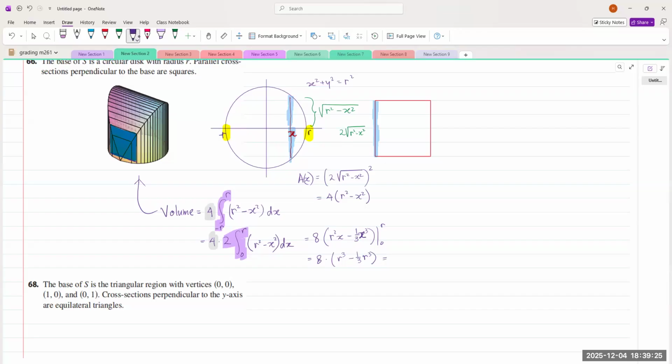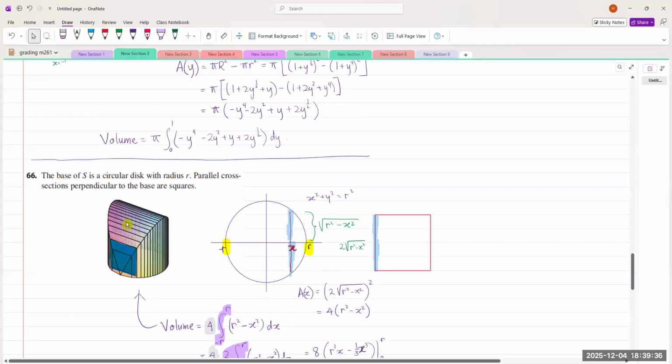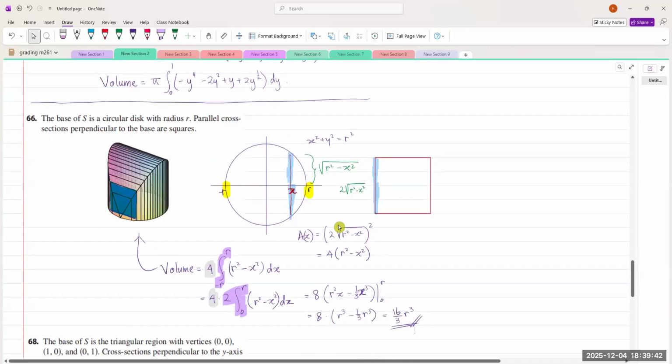That will be 16 over 3 r cubed. So yes, we look at the domain and then get the side of that square so that we can find the area of that square as a function of x. Then we integrate that.